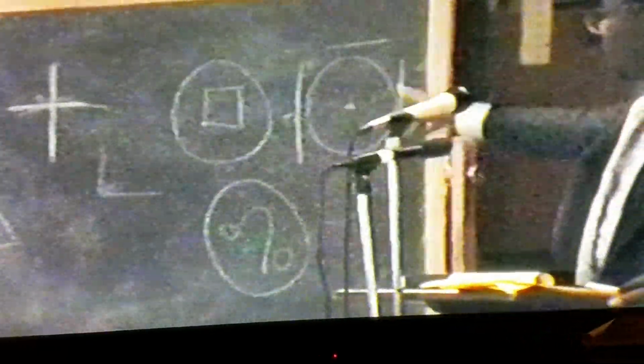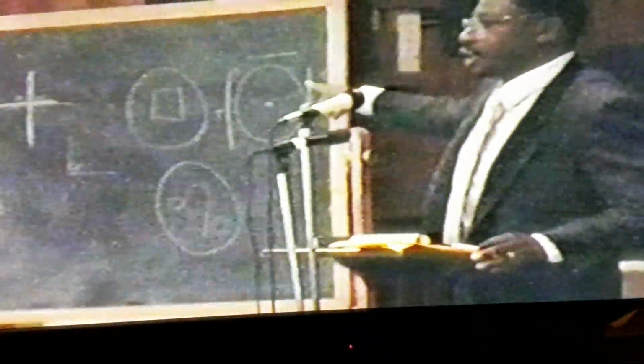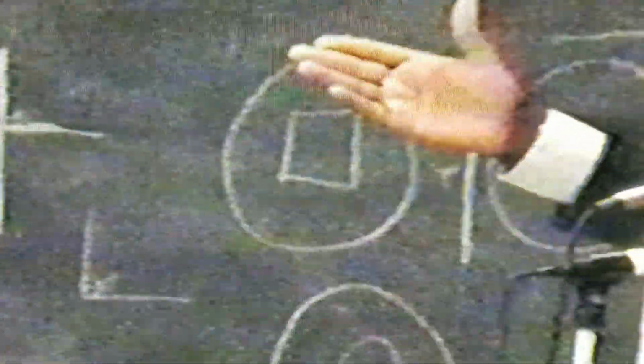Okay, we have a few more symbols. Let me say this: the square and the circle. Muslims, we look to Mecca, we look to the Kaaba, we turn in the direction of the Kaaba for prayer. That's our orientation, our Qibla.